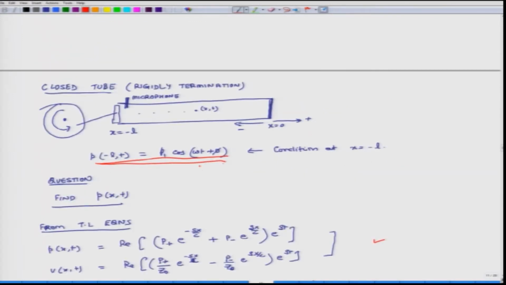So, this is boundary condition number 1, BC1. The other boundary condition is that the tube is closed, and what does that mean?